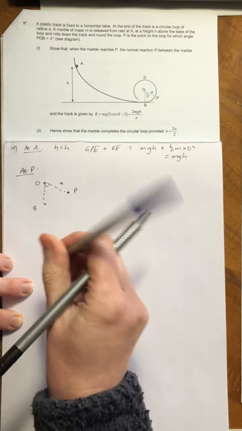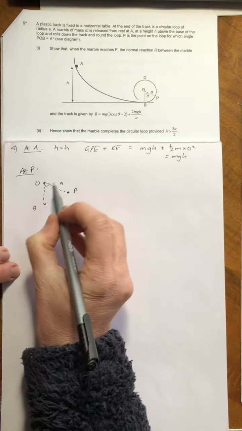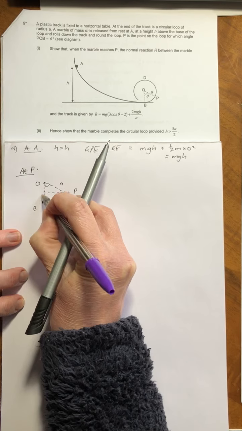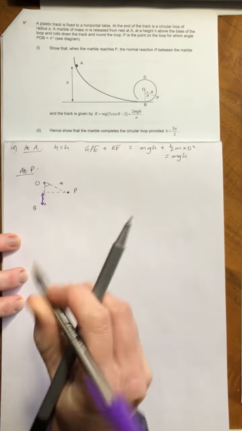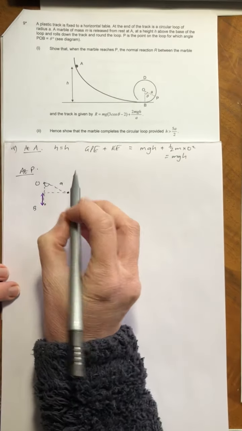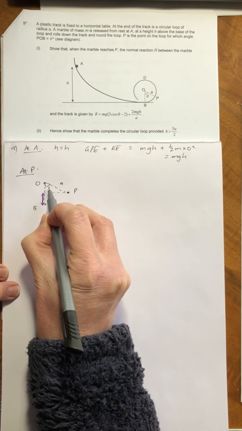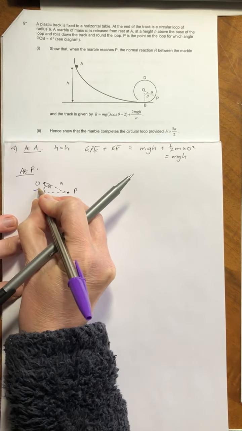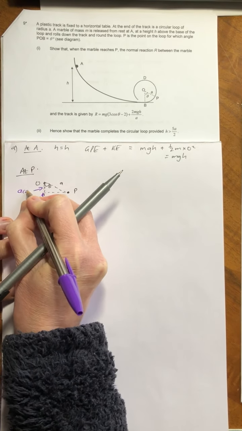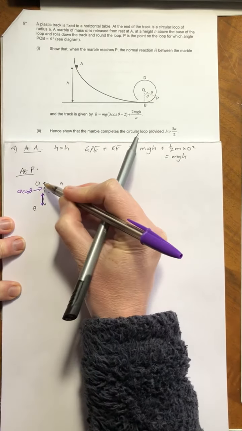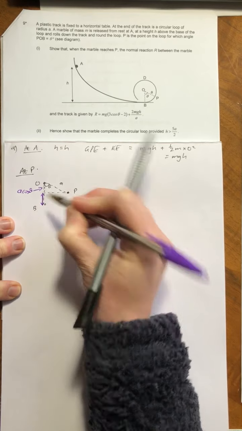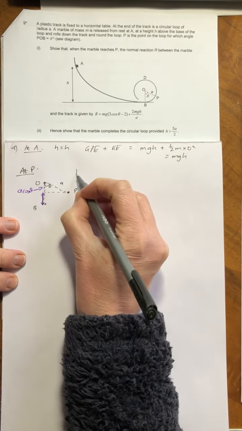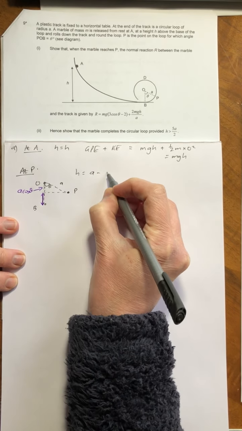I, of course, am going to be needing to work out that length there. That length there is what we need. That's my angle, theta. That is the adjacent component, so that is going to be a cos theta. I know it's a all the way from there to there. I know that that is a cos theta, so the height at P is going to be a minus a cos theta.